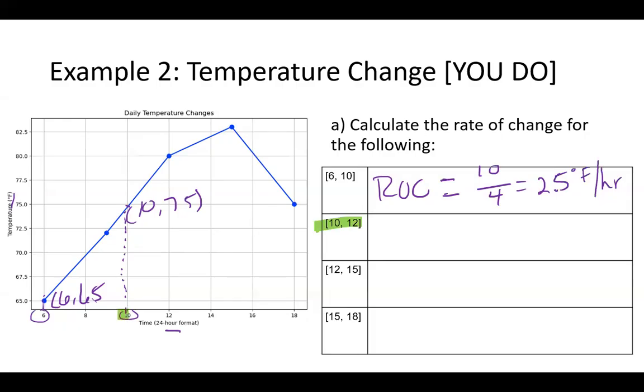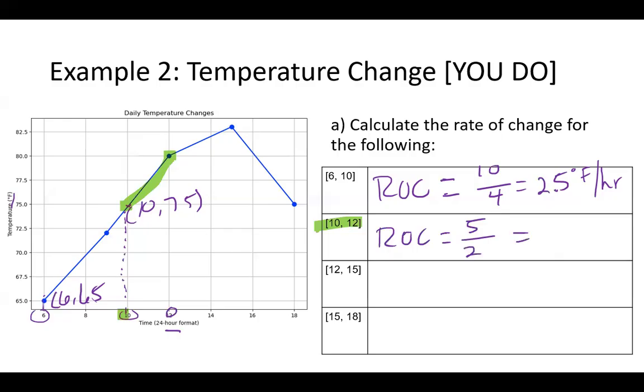All right, the next interval it's set to analyze is from 10 to 12. So you're starting at 10, and we said 10's right here, and then we're going up to 12. So from 10 to 12, you're measuring what is the change in the y over the change in your x. So I'm going from 75 to 80. So the change in my y is 5. And I went from 10 to 12, which is 2.